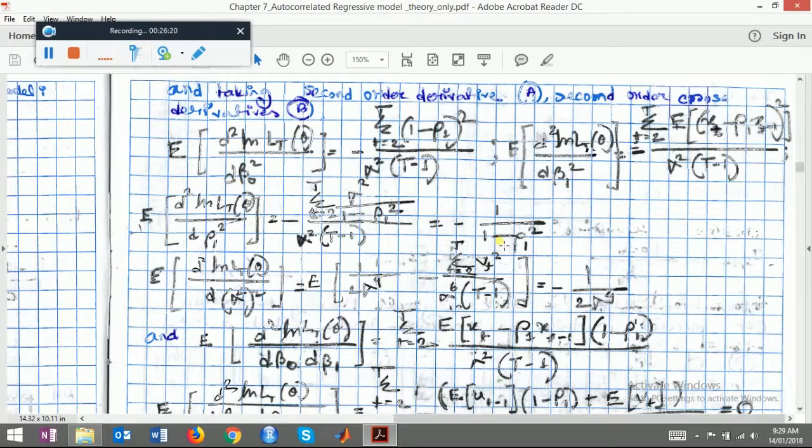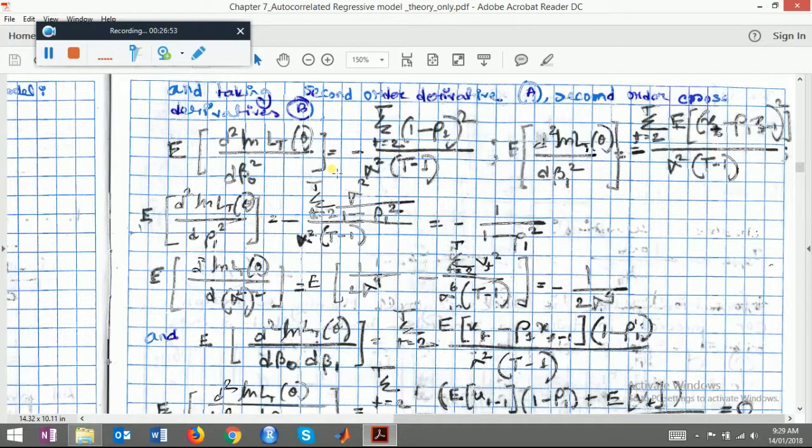Now you can ask, oh, we had ut minus 1 before, or should it be ut squared? Obviously it is ut squared because sigma squared equals u squared. It is the variance. When you square the residual, you have the variance, and the variance crosses off. And so this is obviously up until t minus 1. So you are left with 1 by 1 minus rho 1 squared, because time doesn't matter here.